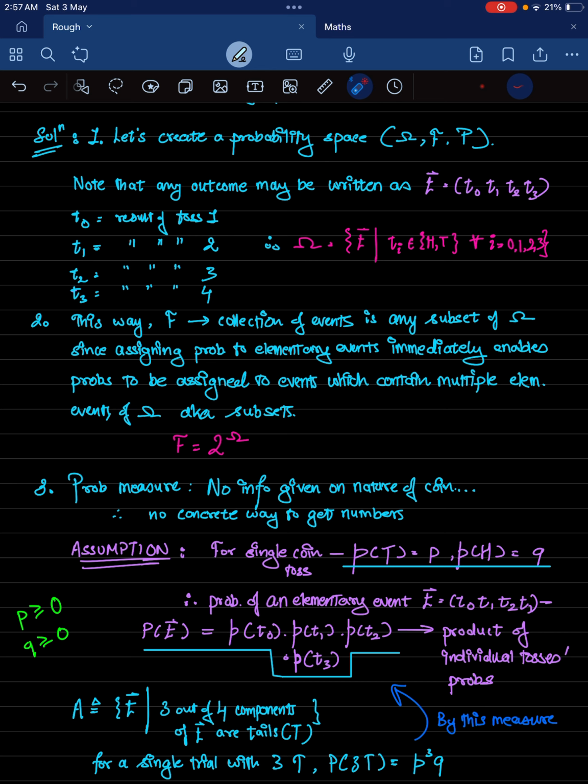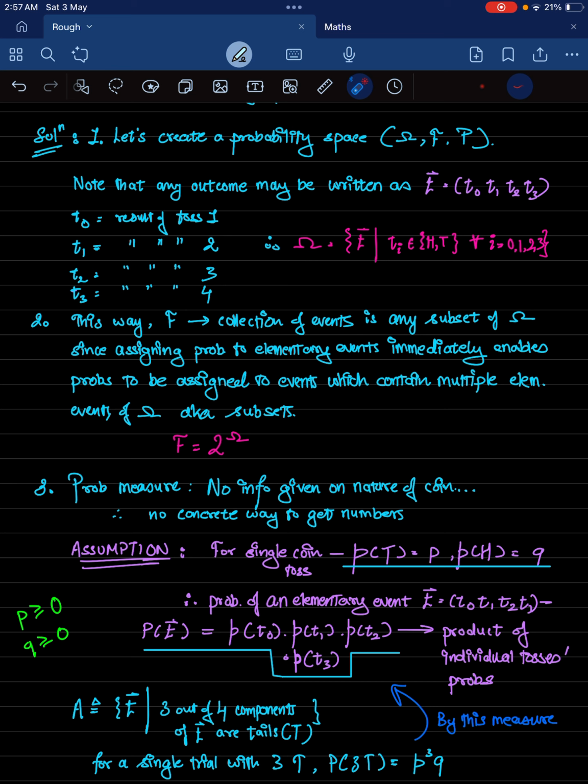Any subset of the sample space is basically a union of those elementary events, right? And so the event space, that is the collection of events that are possible, is all the possible subsets of omega.